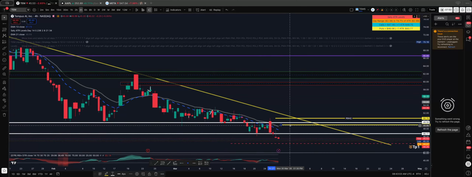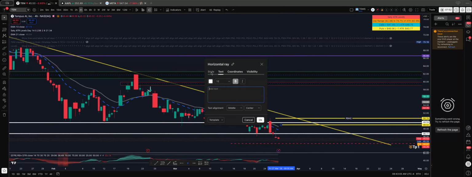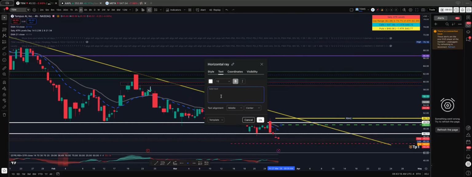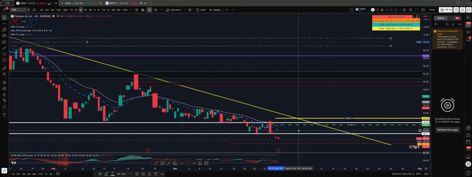Sorry about that. And what I do with this is I usually make it the color of the candle so I know that this is my take profit. Put the text in. TP1. So that's TP1.